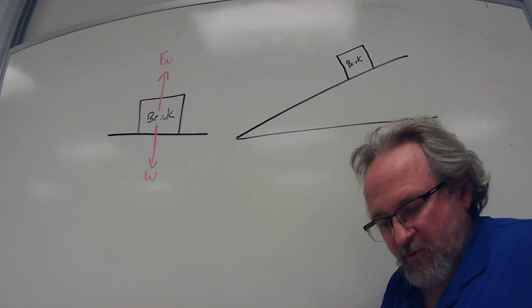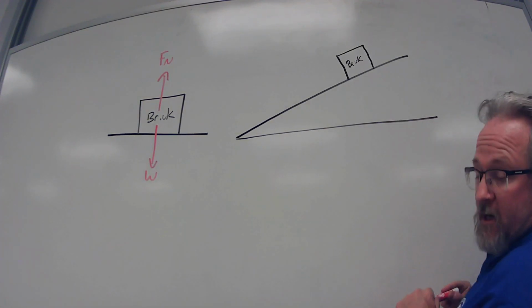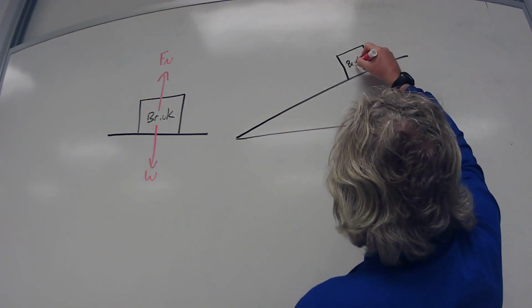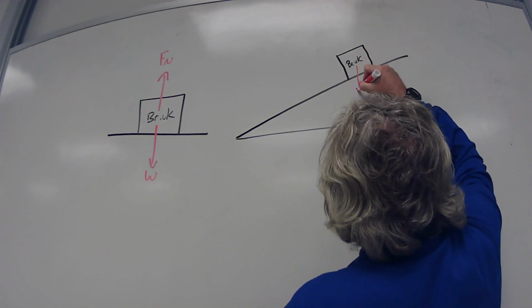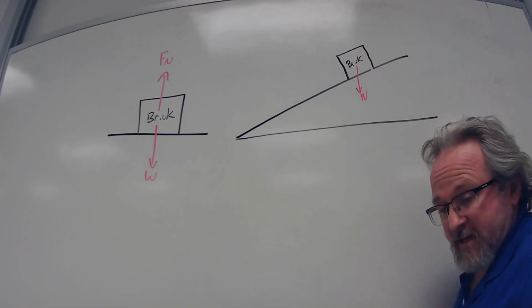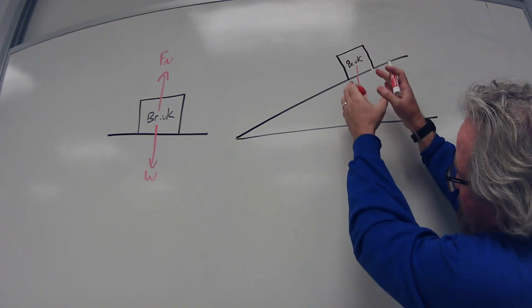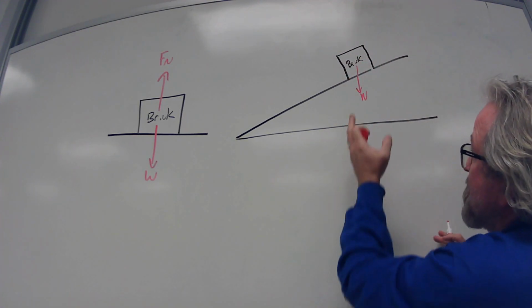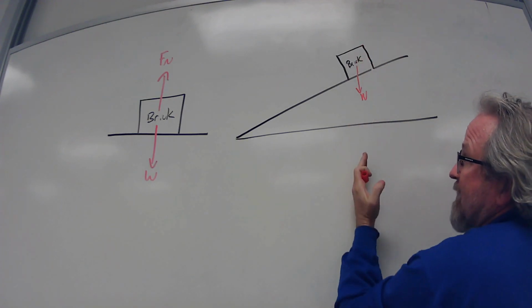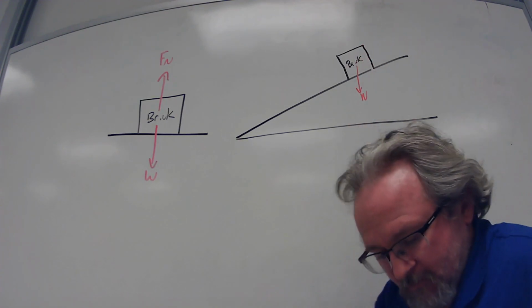Now let's look at what's different here. Here's my brick on an inclined plane. I still have a weight of the brick pulling down. That doesn't change. It still has a mass, and it's still being pulled towards the center of gravity down here towards the earth. The weight always acts directly down.